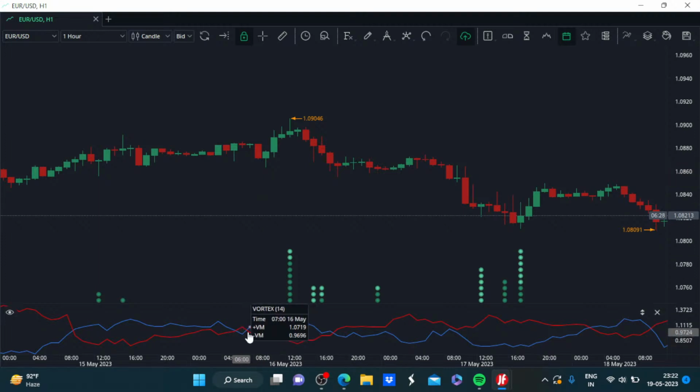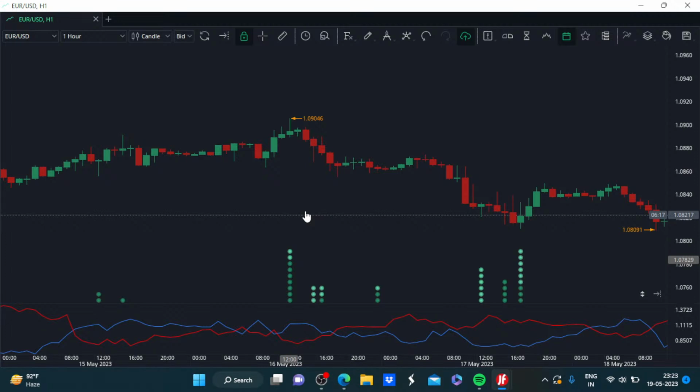So here we had a couple of occasions when the movement was narrow, and we had multiple crossovers happening for this Vortex indicator, and gradually the trend started with big moves happening subsequently.